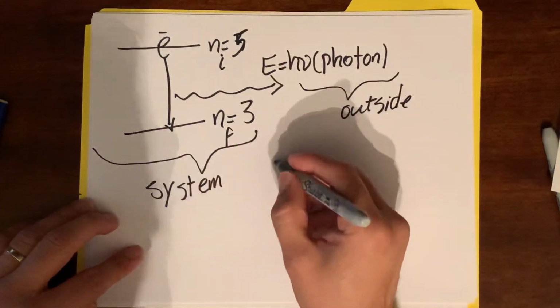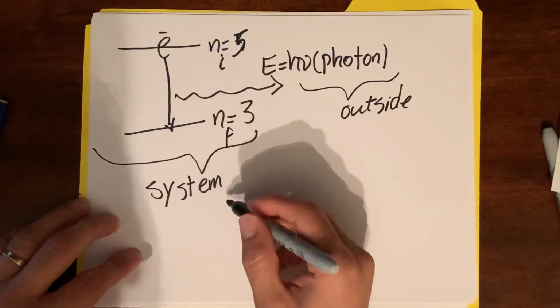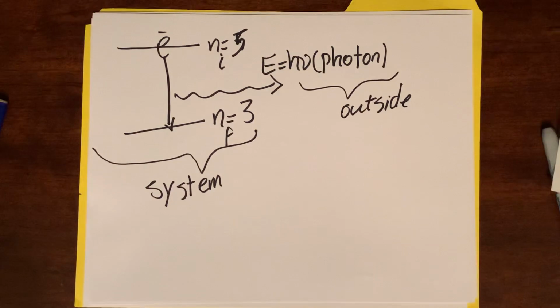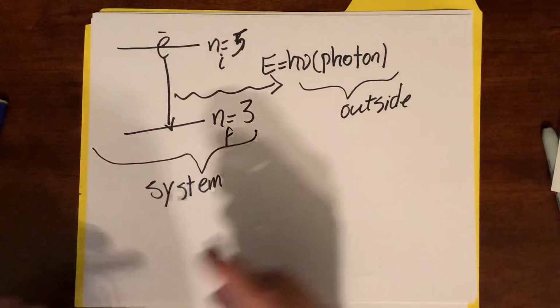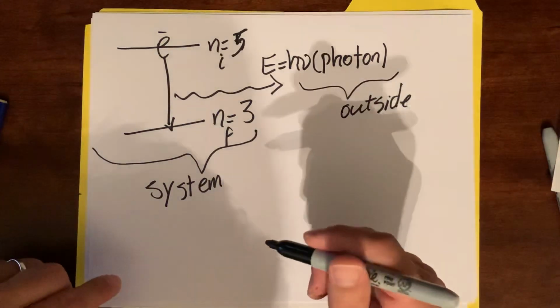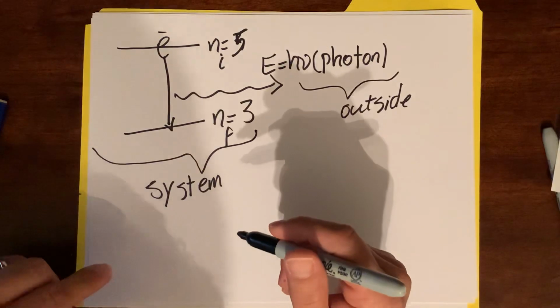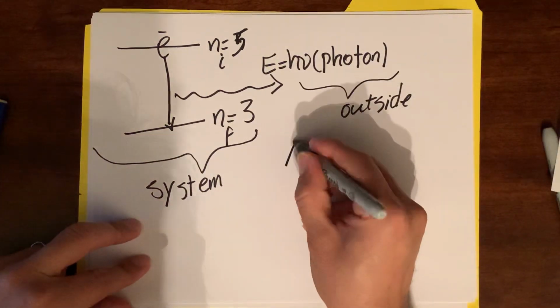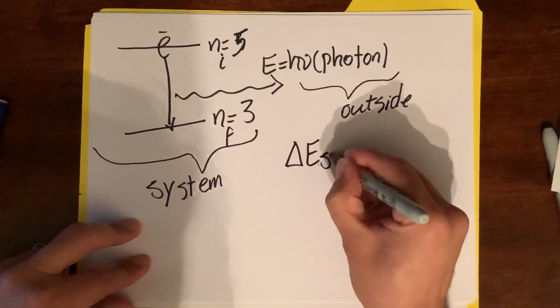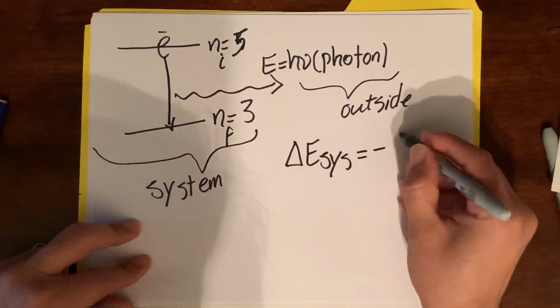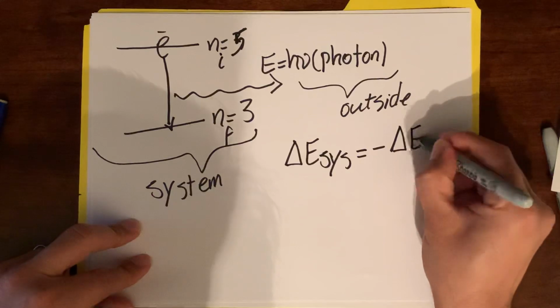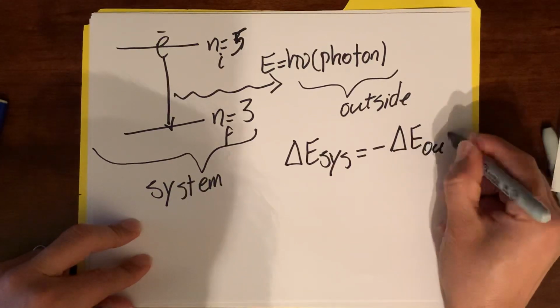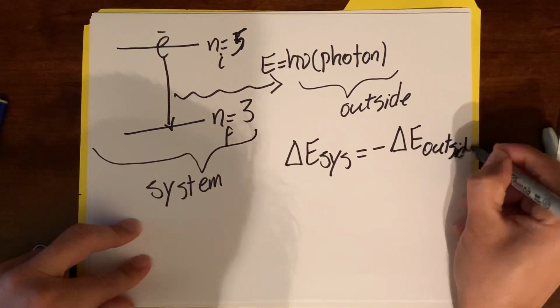So we're going to say the change in energy of the system, which is the atom, is going to be equal to minus the change in energy of the outside or surrounding.